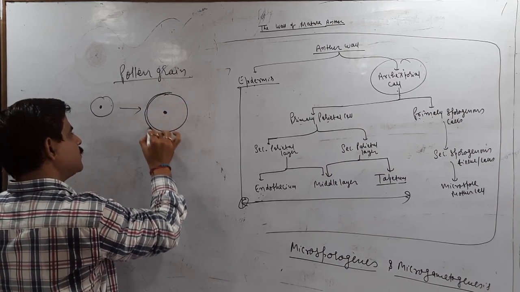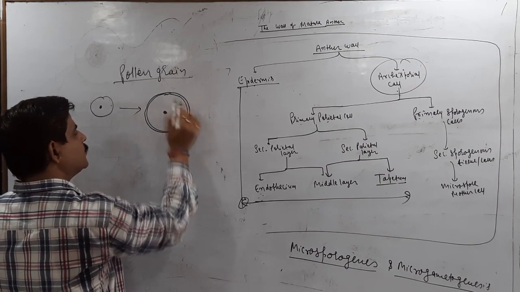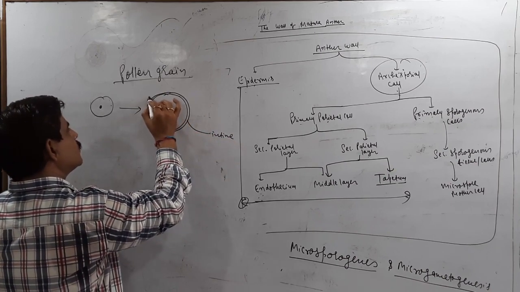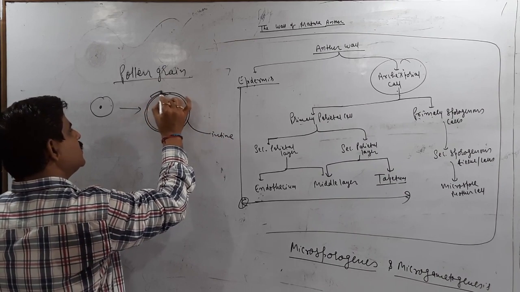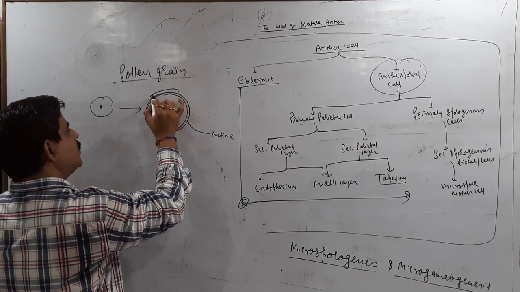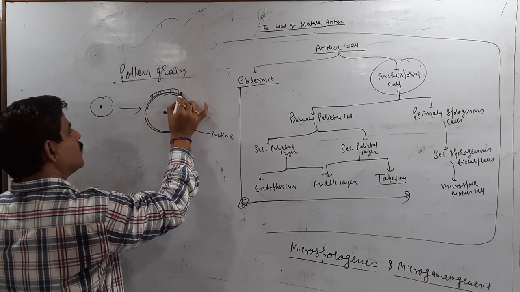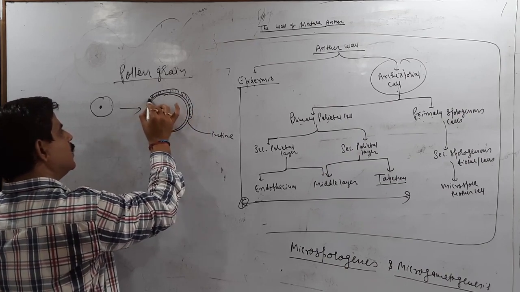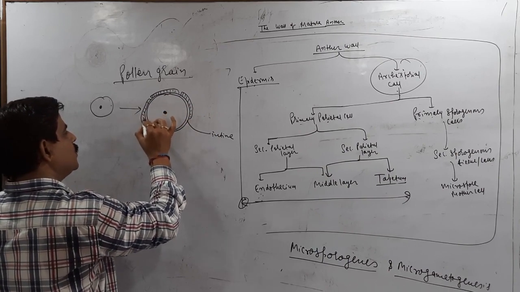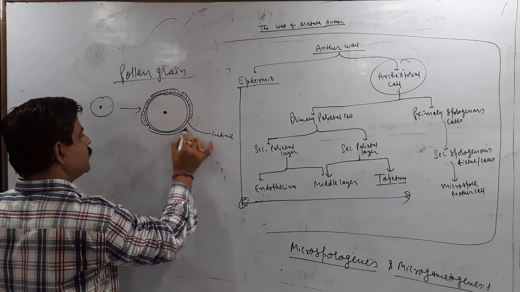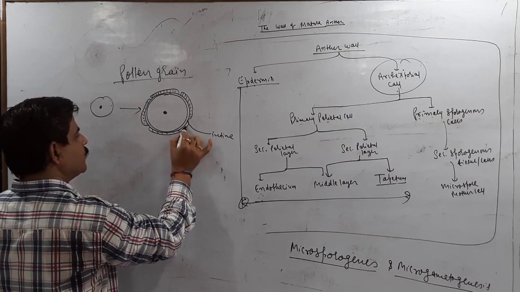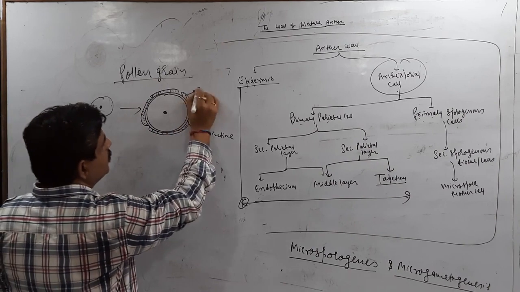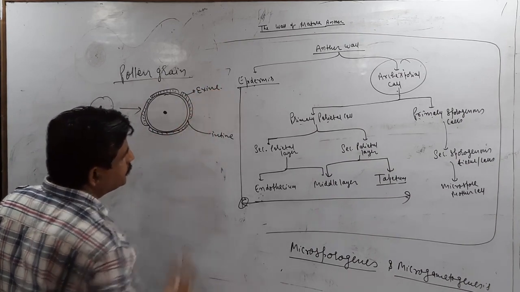This one is the intine. Exine is the outermost layer, which is irregular and is chiefly composed of sporopollenin and has the germ pore. This one is exine.